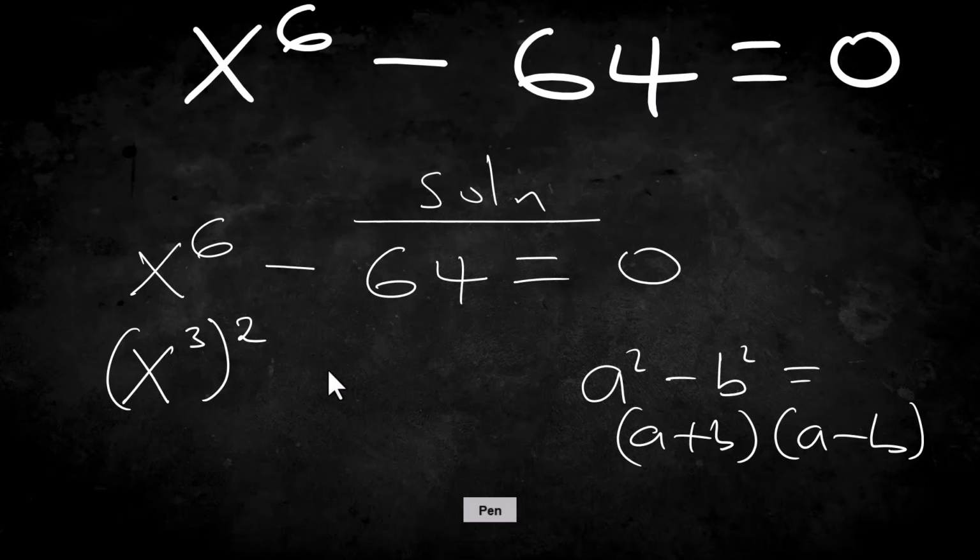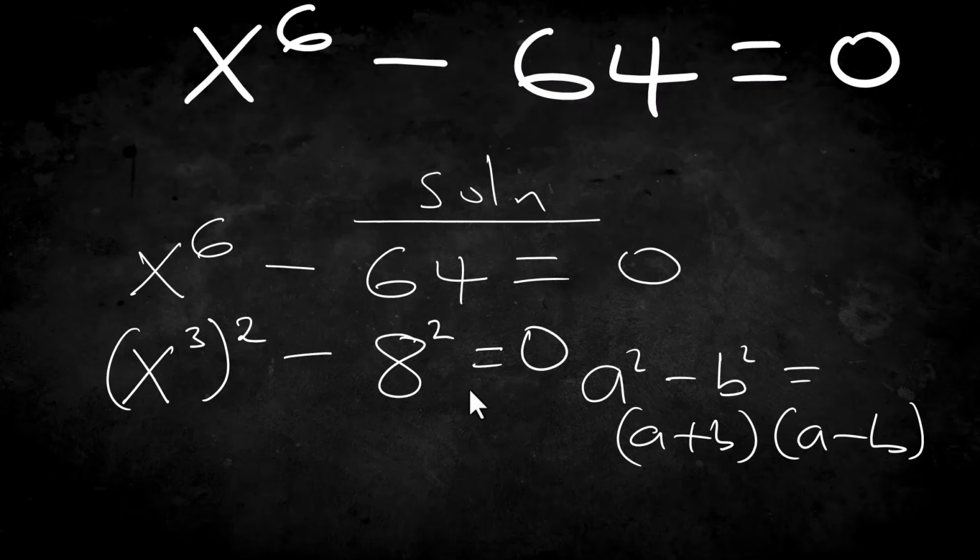We can now write the 64 as 8 squared, because 8 squared is 64. So we have done nothing. From here, my a is x cubed, my b is 8.